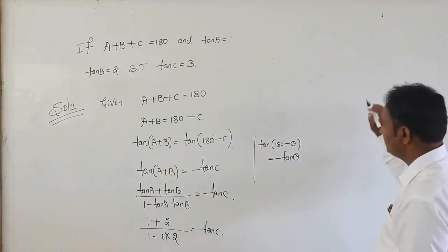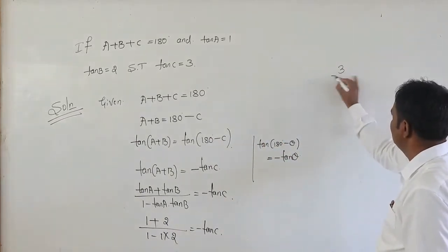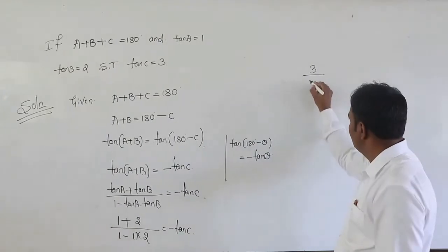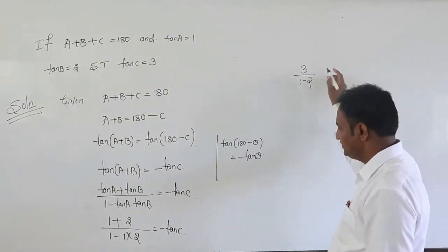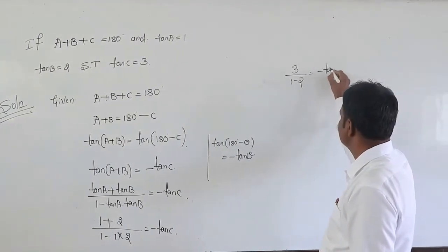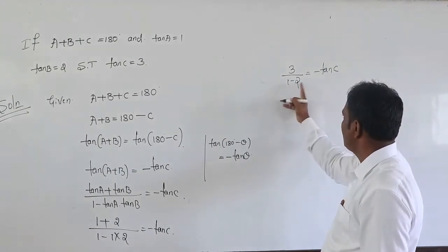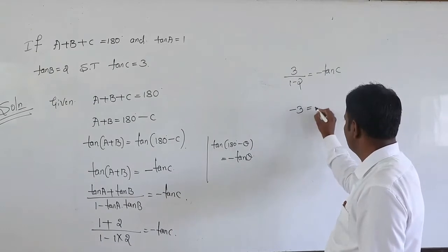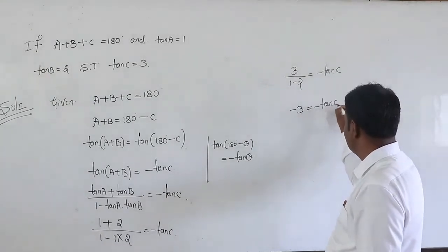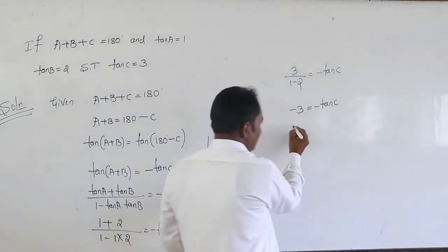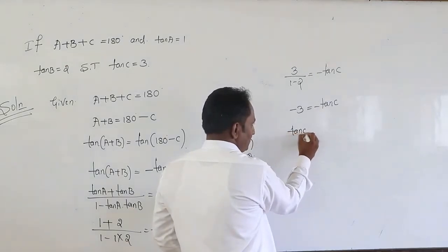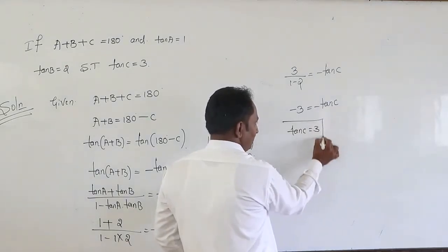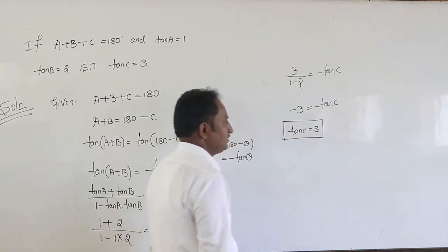Then 1 plus 2 is 3 divided by 1 minus 2 is equal to minus tan c. Here 1 minus 2 is minus 1, therefore minus 3 is equal to minus tan c. Here minus minus cancelling both sides, we get tan of c is equal to 3.